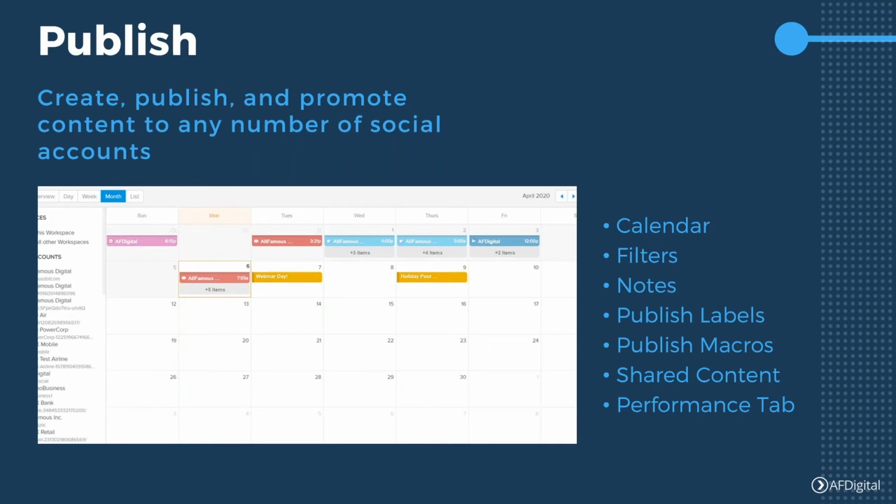And then we also have several publish features that simplify certain tasks to save your users time when creating content, such as the publish macros, which apply your predefined settings on a post in a single click, as well as shared content, which reuses content that you regularly utilize in the things that you publish on your social media accounts.